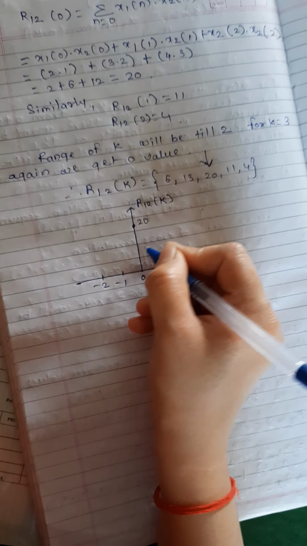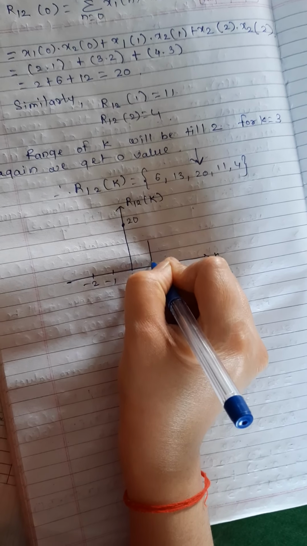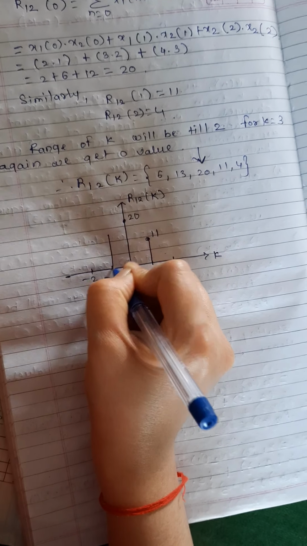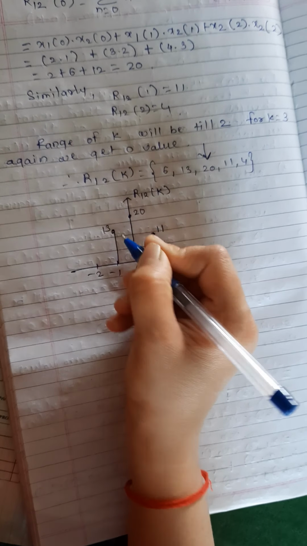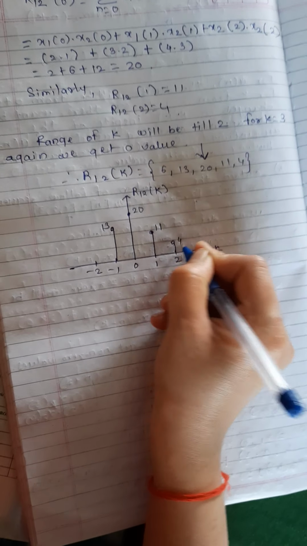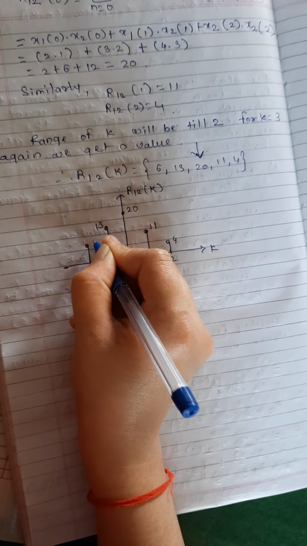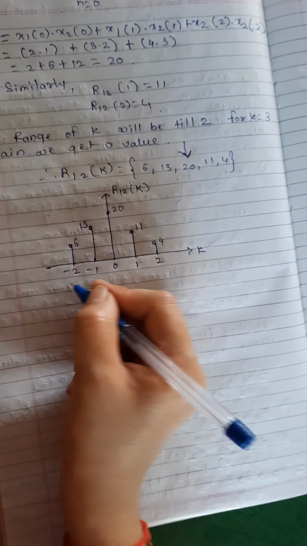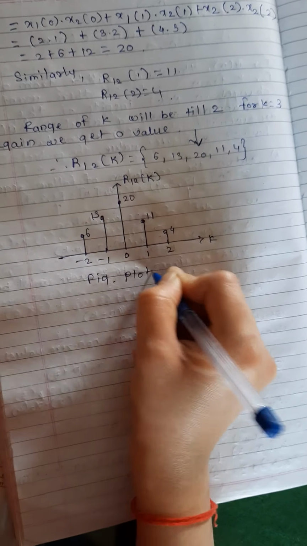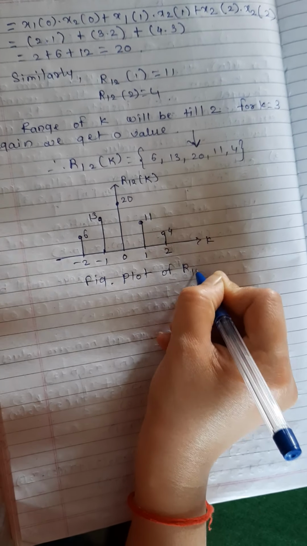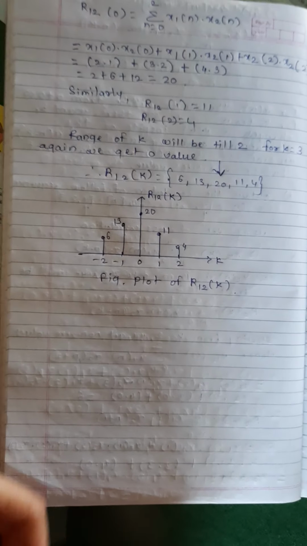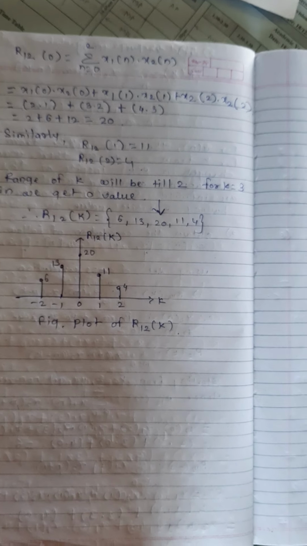This is 20, here it is 11, this is 13, this one is 4, and this one is 6. So this figure shows the plot of R12 of k. This problem was also asked in the exam.